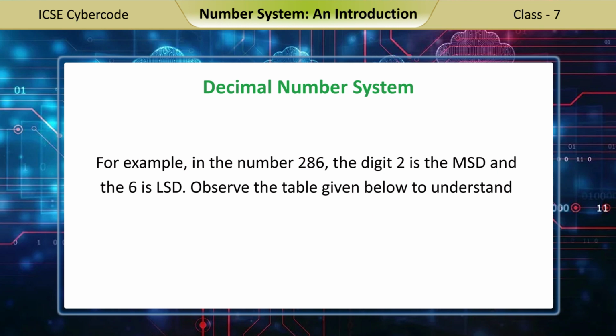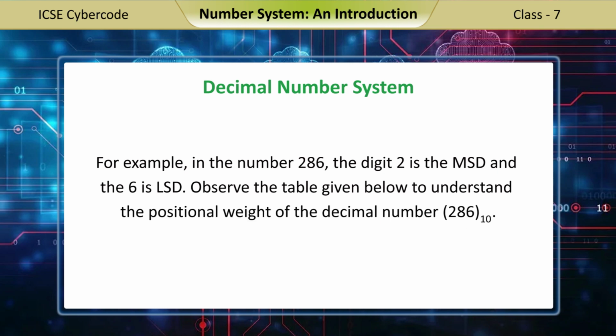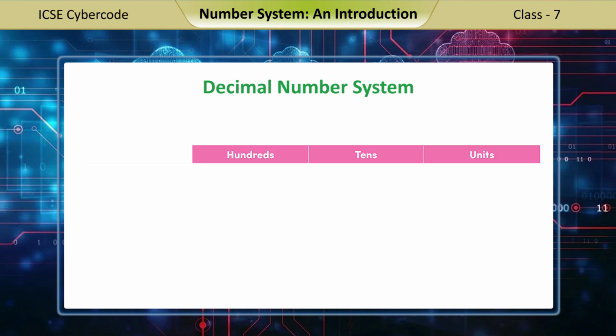Observe the table given below to understand the positional weight of the decimal number, 286, base 10. Hundreds, tens, units. Weights: 10 to the power of 2, 10 to the power of 1, 10 to the power of 0.